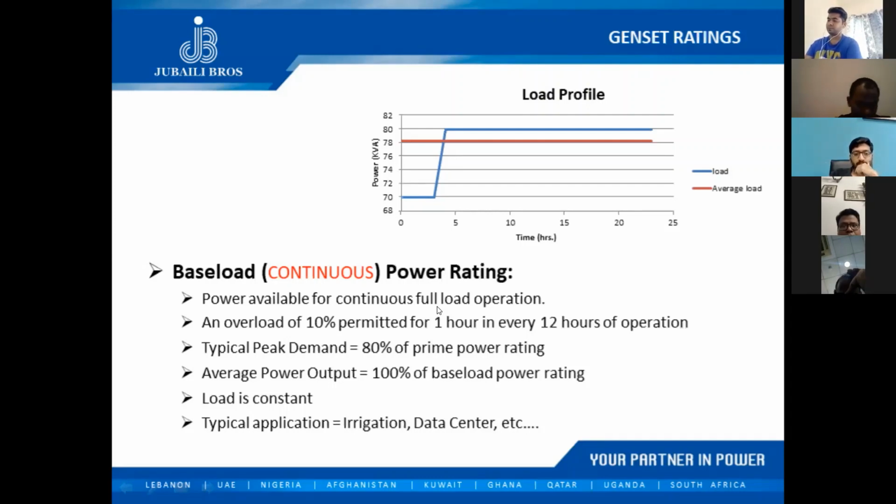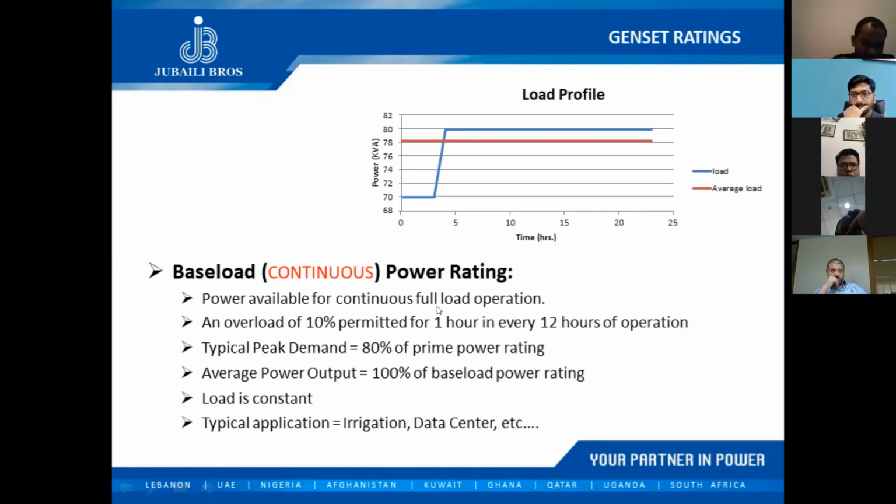It's that pump and that pump only. Nothing else. This might be interesting for some of you, because I know some of our attendees work in the irrigation field. So I hope that prime, standby, continuous ratings are clear, because this is very basic and very important information.